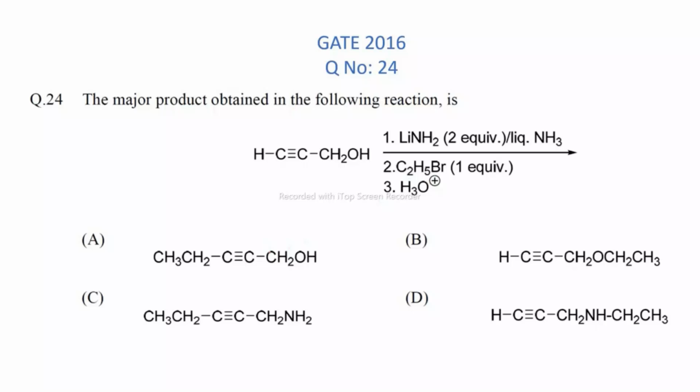In the first option, this hydrogen is attached with the C2H5 moiety; in another option, the OH group is attached with the C2H5 moiety; and in another case, there is some kind of amine followed by CH2CH3. So we have to find out which option is correct.